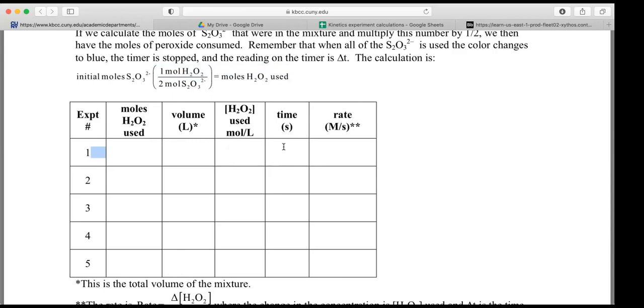Now, what about the time? That data, again, you're going to have to be organized here. It's coming from the data sheet that I gave you, right?